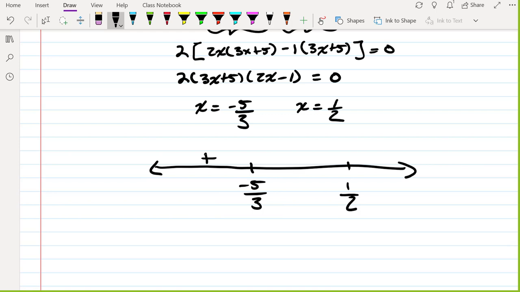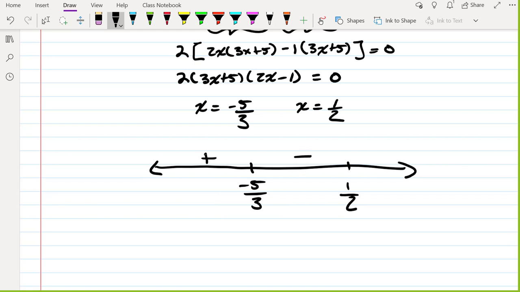And then we need something between negative 5/3 and 1/2. So that's 0. If I put 0 in for this, well, that's easy because anything times 0 is 0. So 2 times 5 times negative 1 is going to give us a negative.